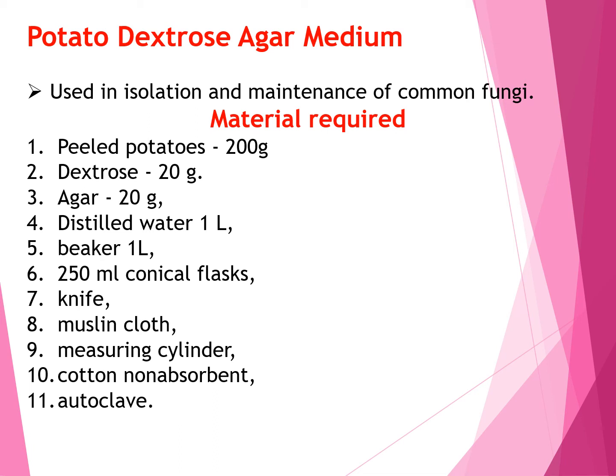You can see the material required for preparation of a liter of PDA media. You require 200 gram peeled potato, 20 grams dextrose, 20 gram agar, and a conical flask of 250 ml preferably. Also you require an autoclave for sterilization, non-absorbent cotton, measuring cylinder, muslin cloth, knife, etc.